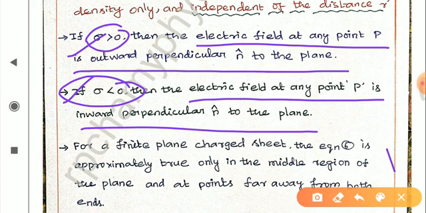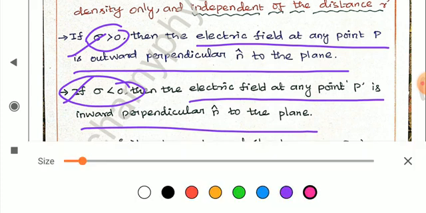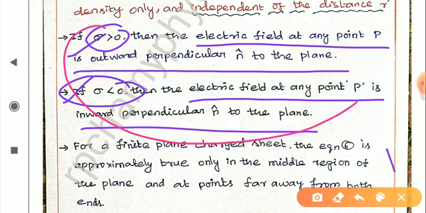Are you clear? When we look at these 2 points, we have to remember one thing. In the previous case we discussed lambda, which is the linear charge density. If the linear charge density lambda is greater than 0, the electric field will be outwards. If lambda is less than 0, the electric field will be inwards. Here we are considering surface charge density: if it has a value greater than 0, plus 1, plus 2, plus 3 and so on, then the electric field will be directly outwards.